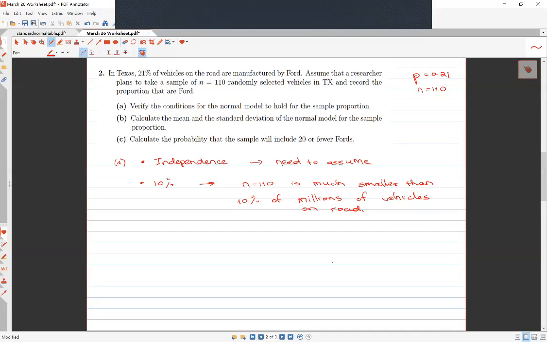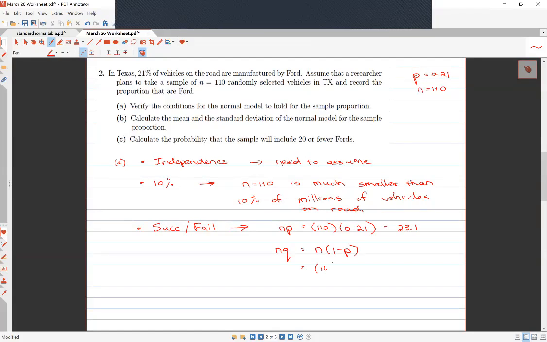And our last assumption is the success-failure condition. So here, you have to do a little bit of math. You have to calculate n times p, and you have to calculate n times q, which is the same as calculating n times 1 minus p. So n is 110, p is 0.21. If you multiply 110 and 0.21, that gives you 23.1.